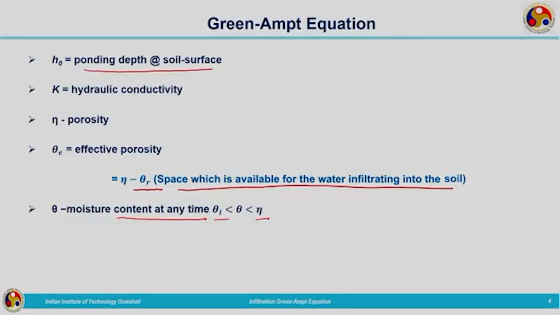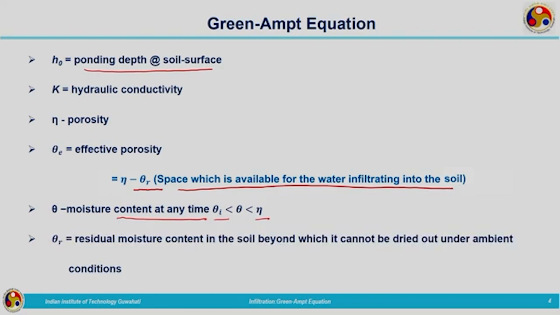So, theta is the moisture content which can lie between the initial moisture content theta i and the porosity eta, the maximum moisture content. Theta r is the residual moisture content in the soil, beyond which it cannot be dried out under ambient conditions.